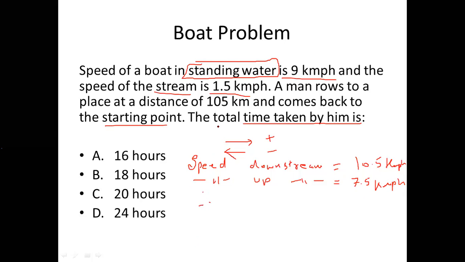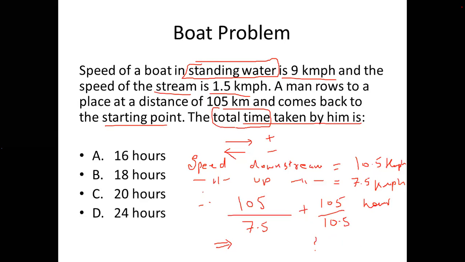Since it was asked to find the total time, total time will be 105 kilometers divided by the upstream speed plus 105 divided by the downstream speed, which is 10.5, in hours. Yes, can you please calculate this? What is the result?